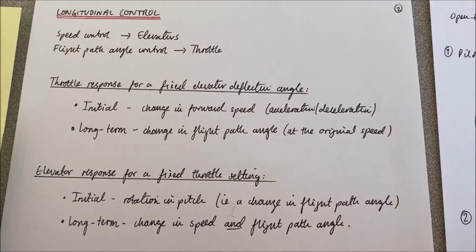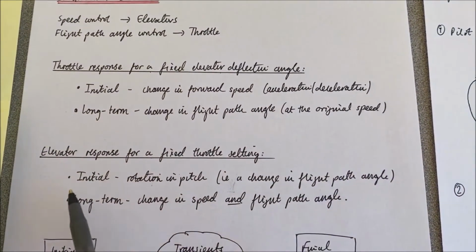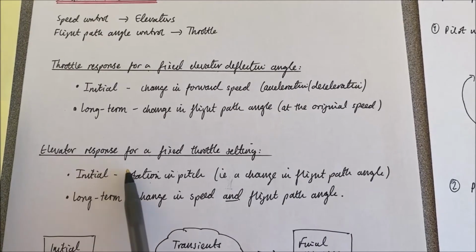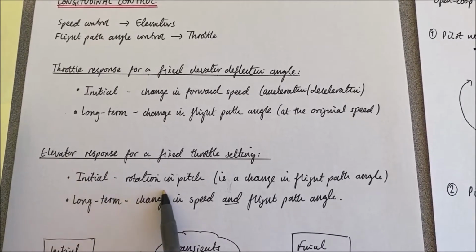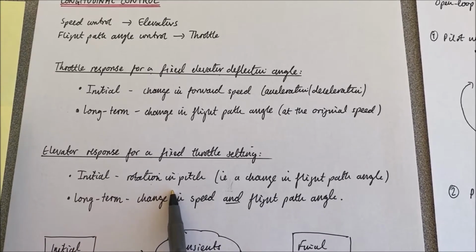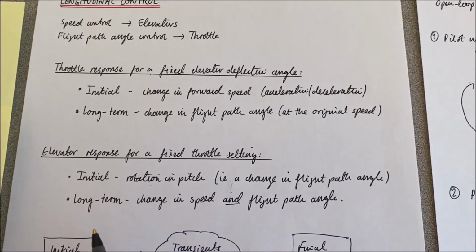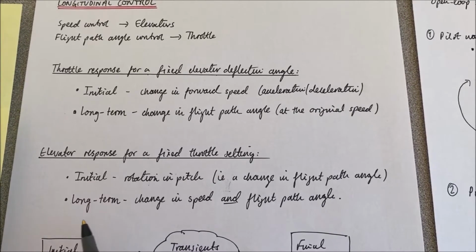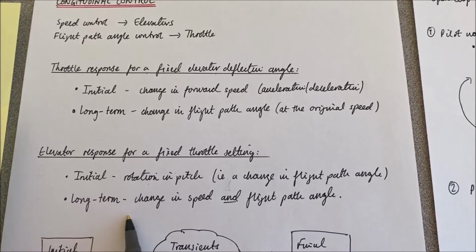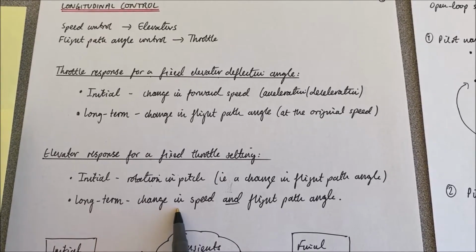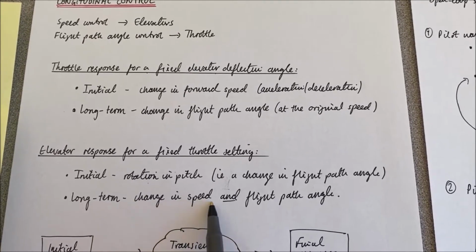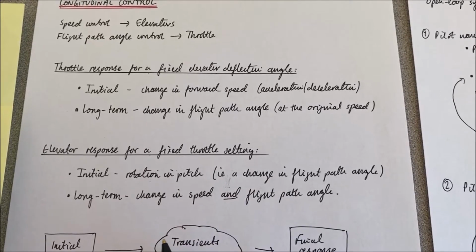But if we do the opposite thing and make an elevator input at a fixed throttle setting, the initial aircraft response is to rotate in pitch, right? Or in other words, change the flight path angle. But long term, the aircraft will either increase in speed or decrease in speed to account for this new flight path angle.